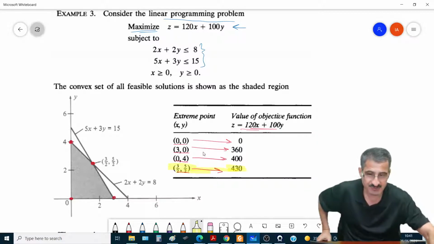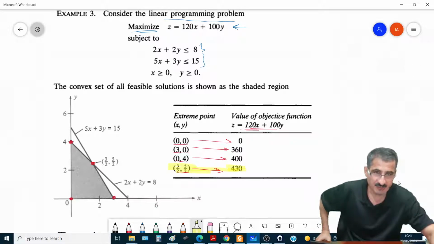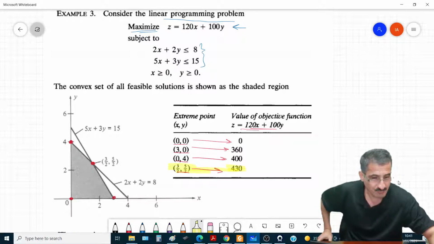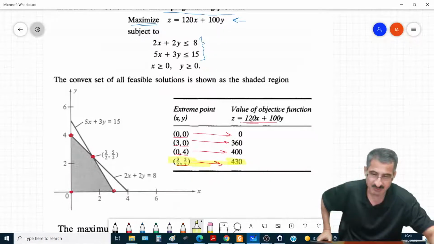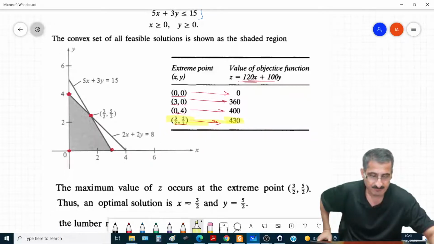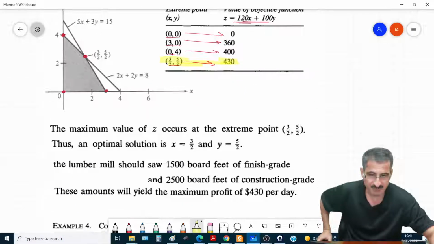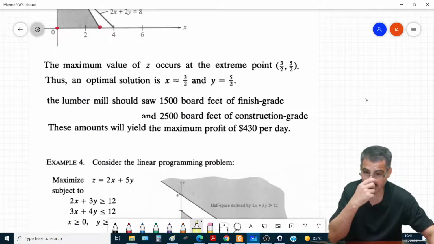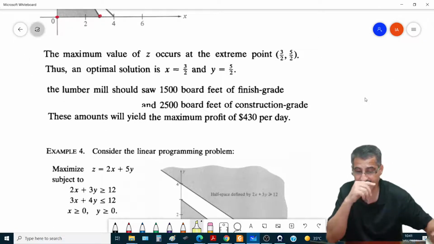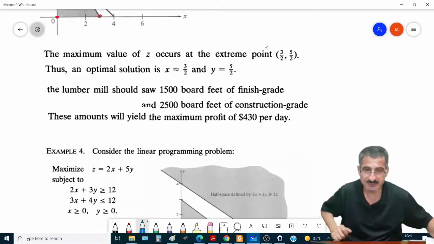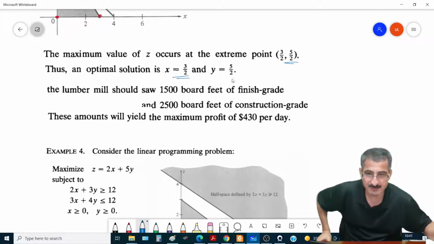So the solution says make 3/2 finished grade boards and make 5/2 construction grade boards, and this is the explanation. Okay, this is what I'm saying.